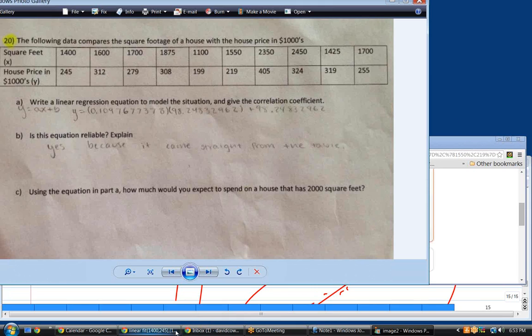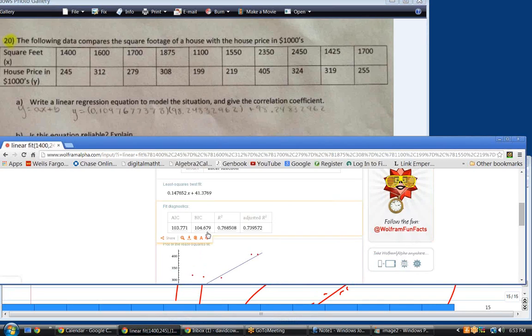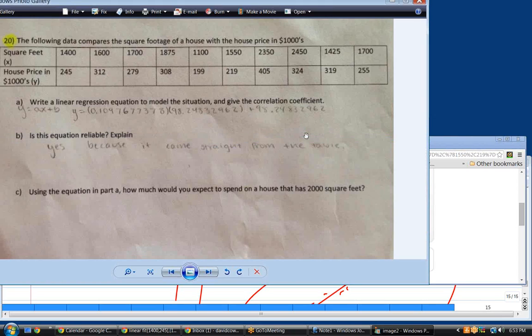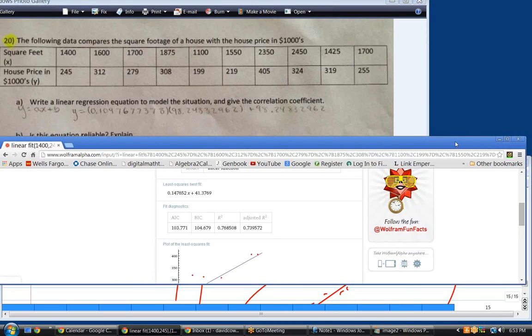And our correlation coefficient was mediocre. It was 0.768. I don't know if that's good or bad, to be honest. So I don't know if the answer is yes or no, but the answer should be yes, because the correlation coefficient was 0.768.